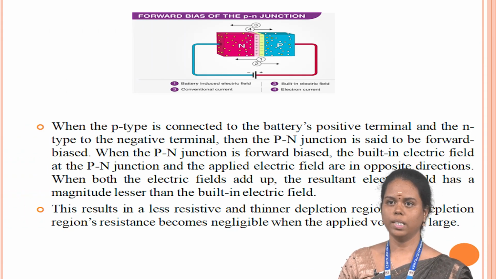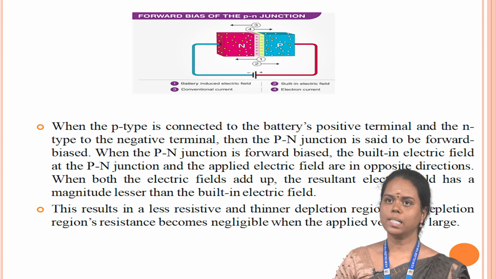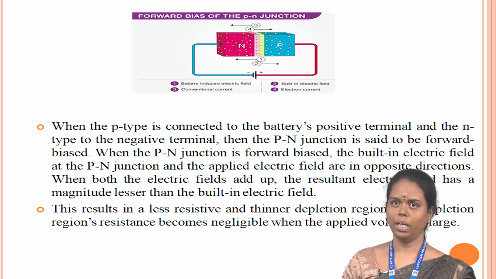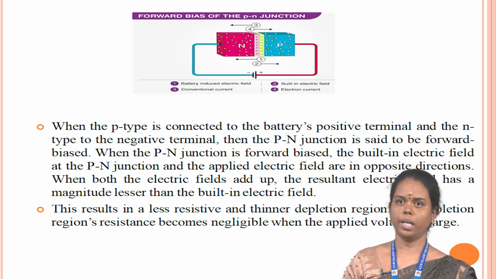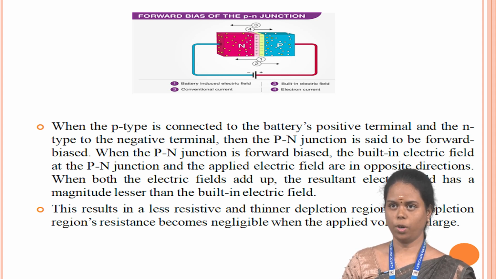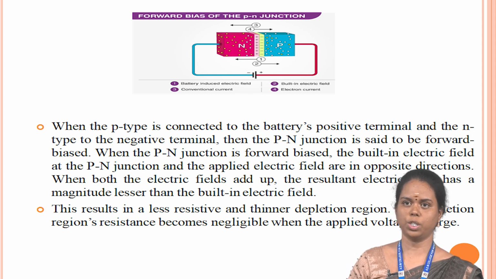Forward bias of the PN junction, this one is the picture. When the p-type is connected to the battery's positive terminal and the n-type to the negative terminal, the PN junction is forward biased. The built-in electric field and the applied electric field are in opposite directions.